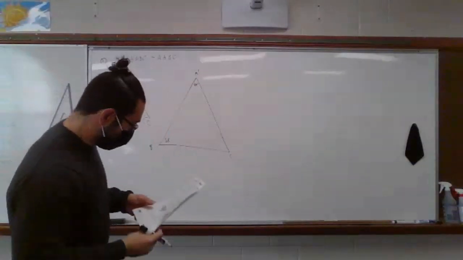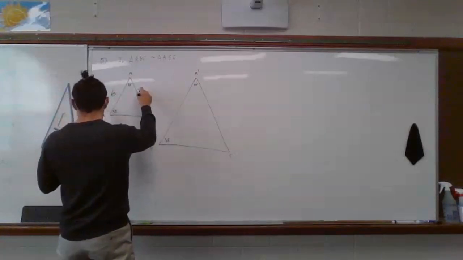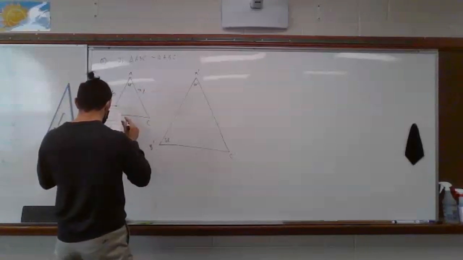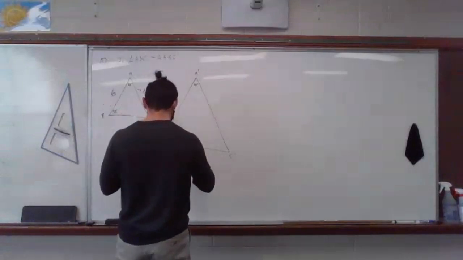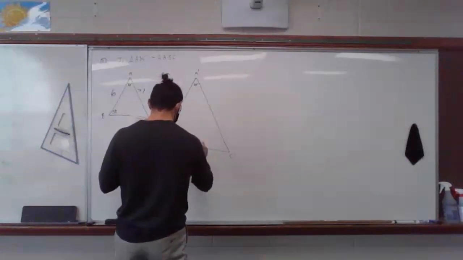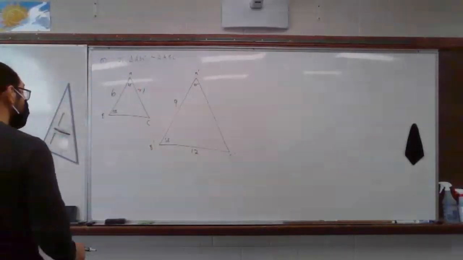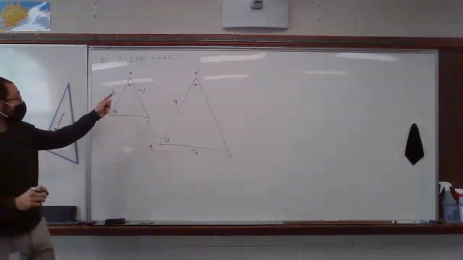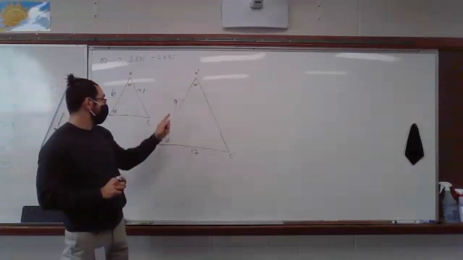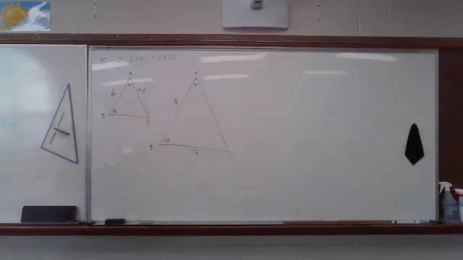You hold on. Okay. So I've got AB being 6, AC is 7 1/10, A prime B prime is 9, B prime C prime is 12. You're going to see this type of question on the test.